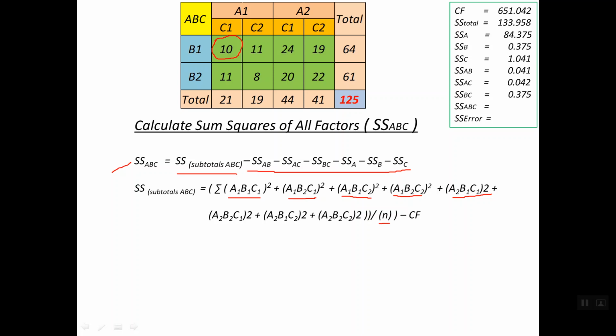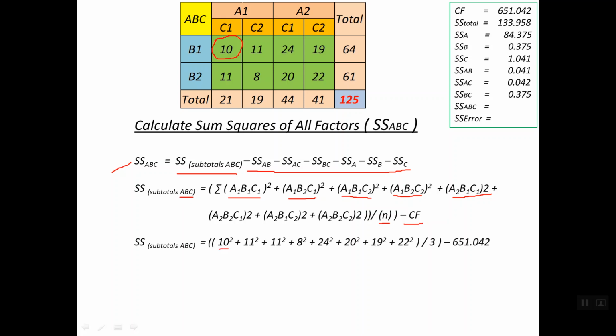Small n here represents the number of observations inside one of the groups, which is equal to 3. Notice that we are calculating for ABC, so the rest is n, minus the correction factor.